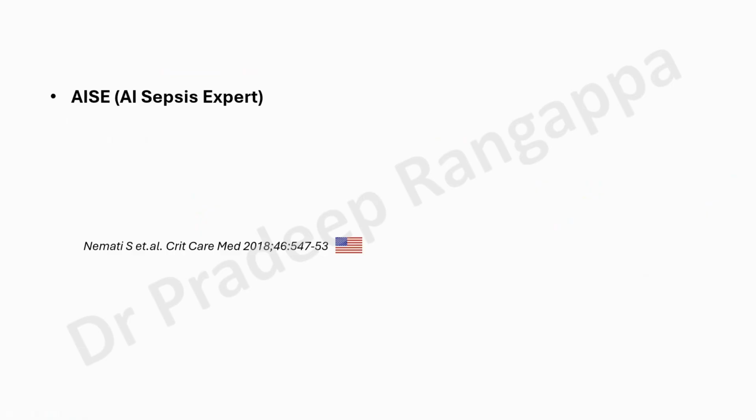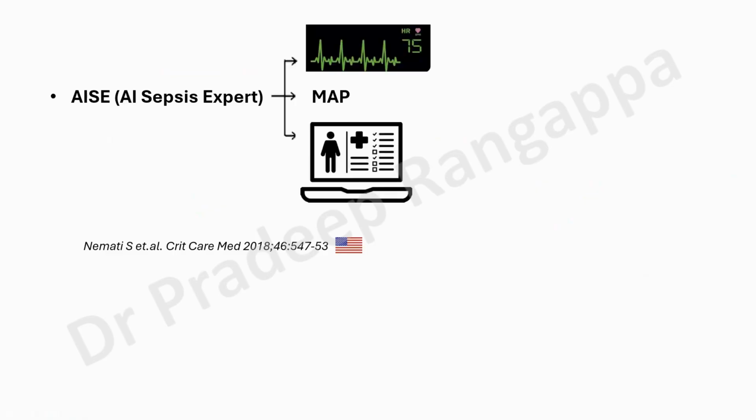Let's go into a particular algorithm which was created, called the ICE algorithm, the AI sepsis expert. Simplistically, what do these algorithms do? What do we do in the ICU? We integrate clinical information, monitored variables, and all the investigative variables to diagnose, prognosticate, and treat accordingly.